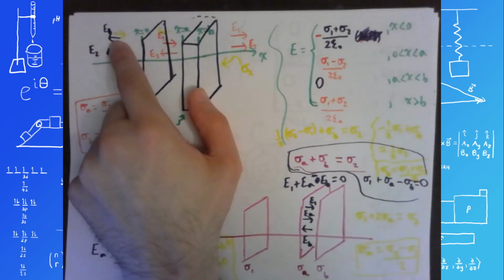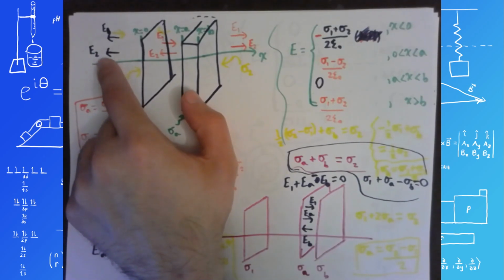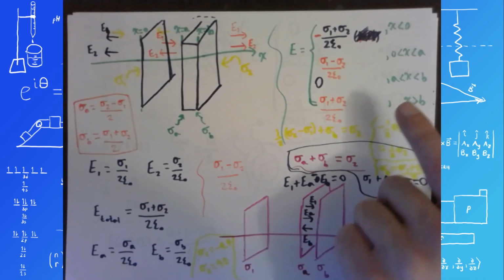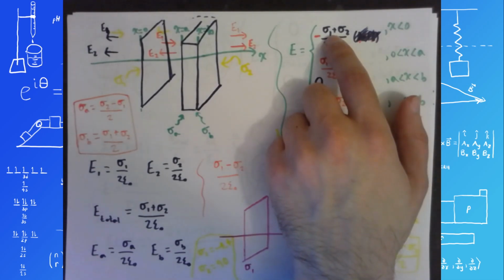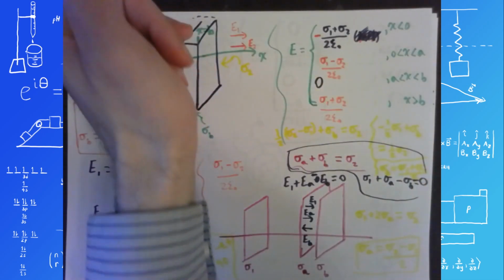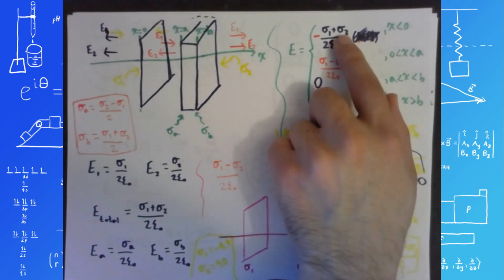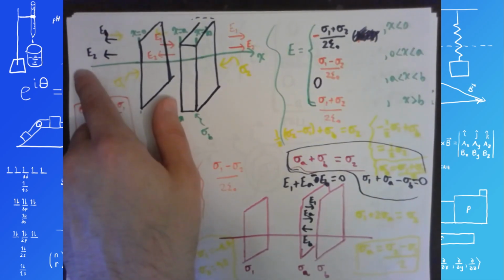So if I did treat E1 as pointing to the left here instead of to the right, then after subbing in a negative value here, I would have had, let's see, negative sigma 1, so negative 4.4 would be positive 4.4, which makes sense because its actual direction is to the right, and then minus positive 90, which also makes sense because E2 is to the left.